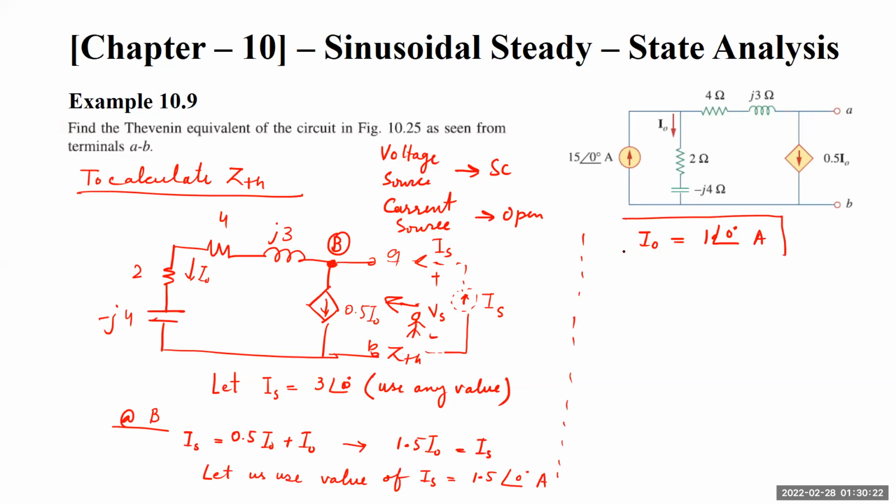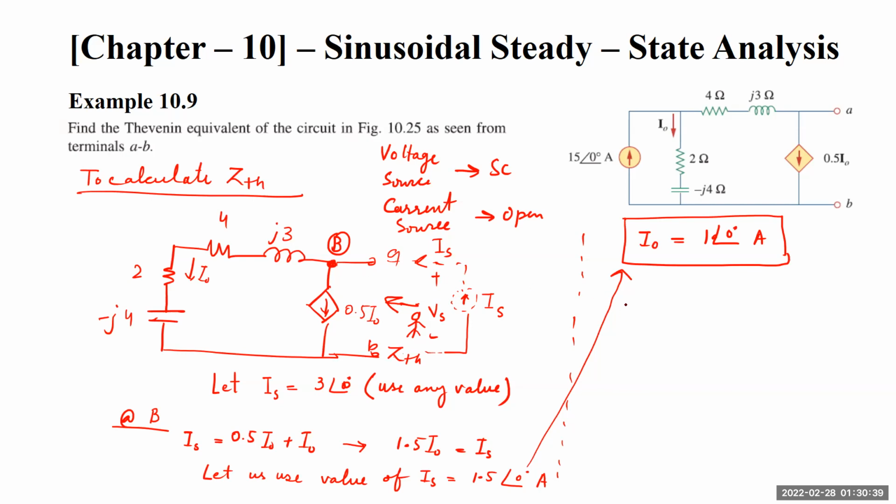So this is the value of I naught if we use this value. Now I have the value of I naught, so now I just apply Kirchhoff's law.